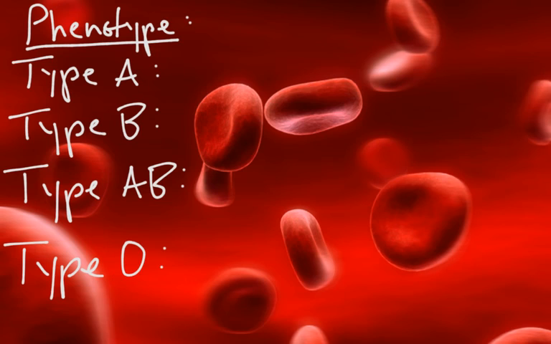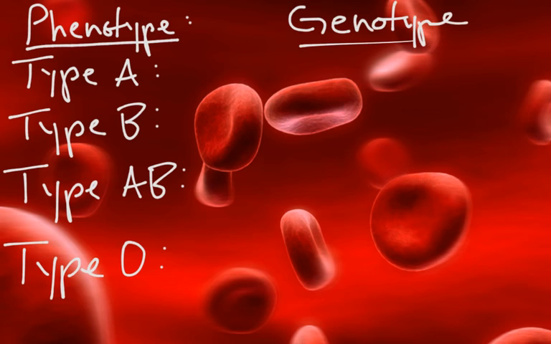Now let's talk about the genotypes for blood. The genotype is your genes, and if you recall, we're always going to have 2 alleles for every gene because we're going to inherit one from our mother and one from our father. Now what we're going to find is that A and B are both dominant to type O. So O is going to be recessive.